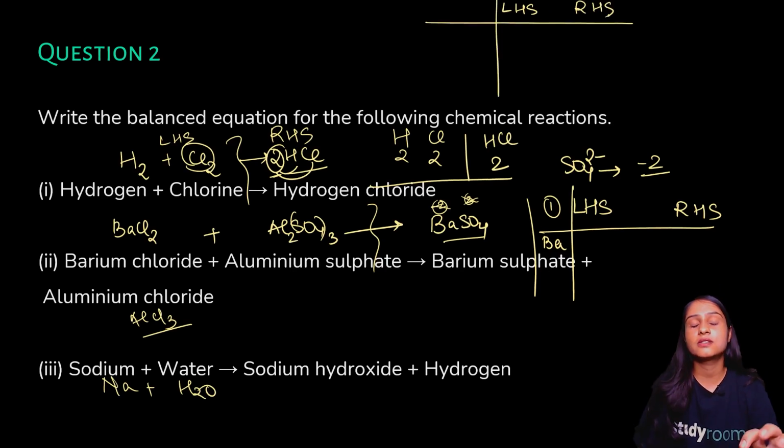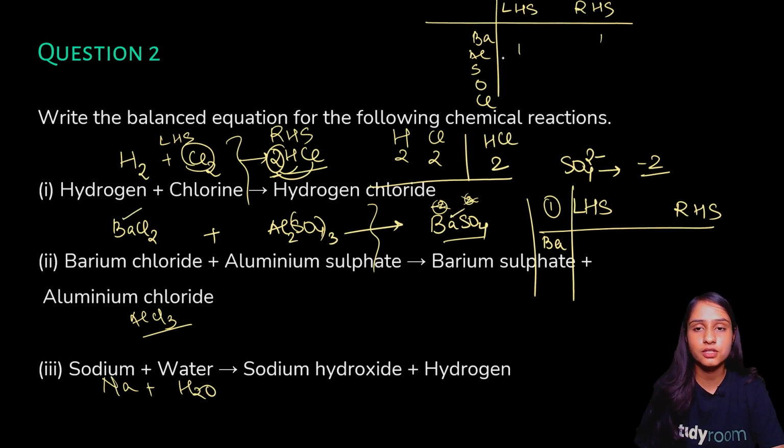The first step to balance any chemical equation is that you need to count the number of elements. Barium, aluminium is present. Okay, S, O, and what got left? Fluorine.